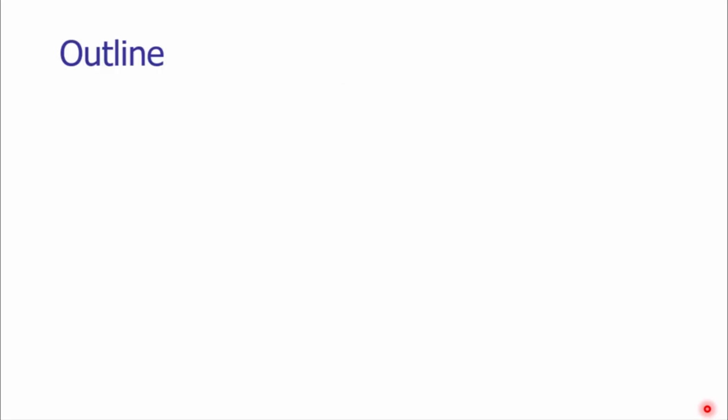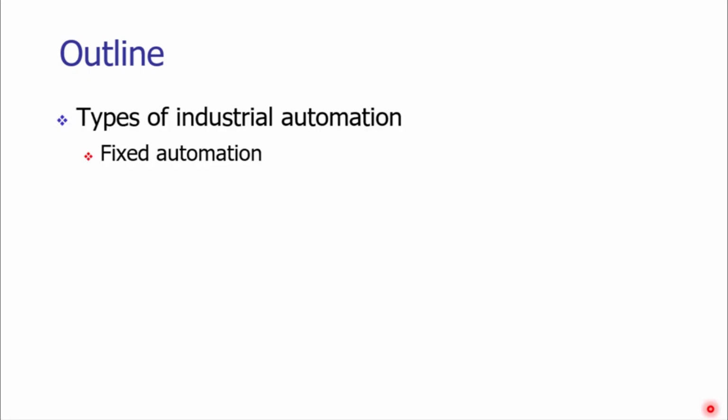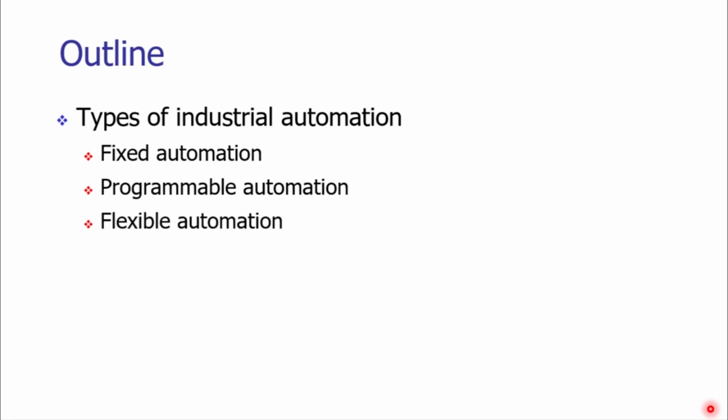The outline of this lecture is as follows. At the start of the lecture, we will have a discussion on various types of industrial automation which are used. We will study fixed automation with a case study on a turning machine, programmable automation, and flexible automation.